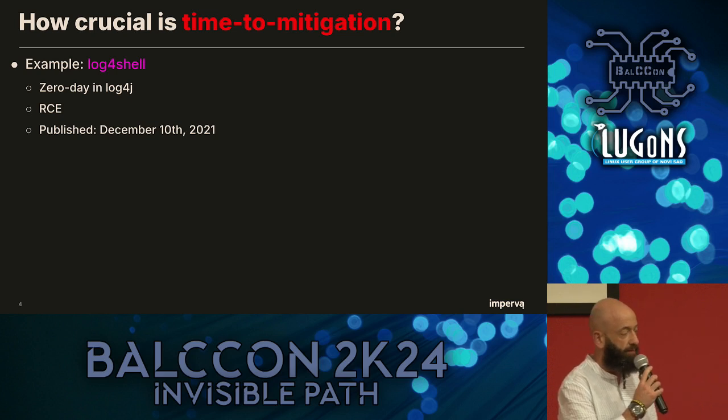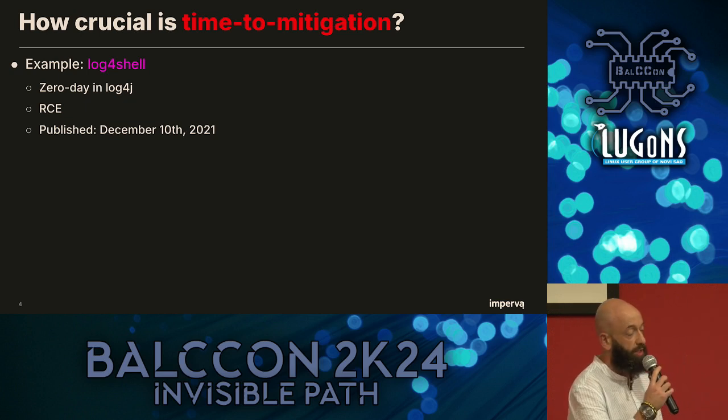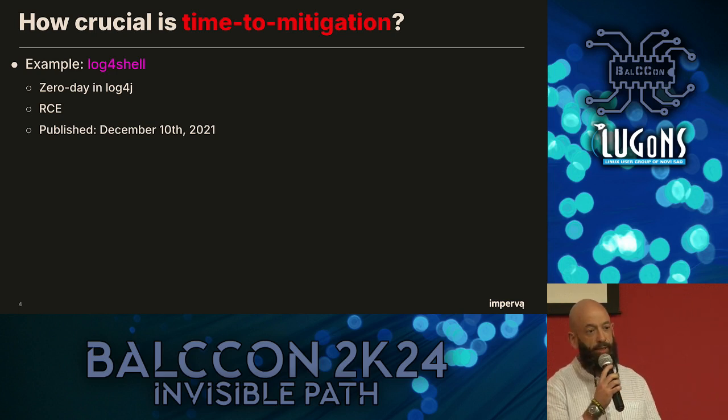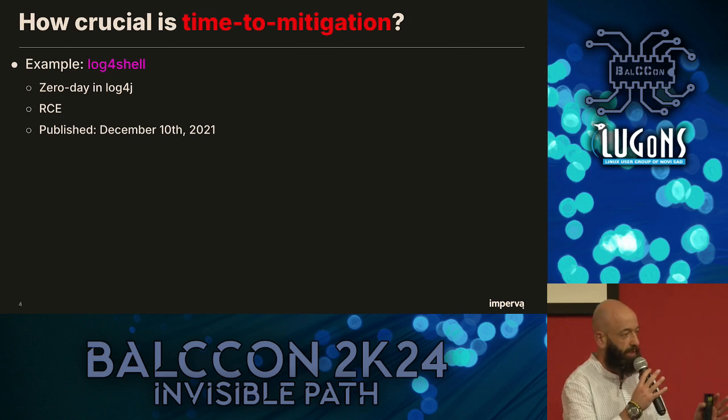This vulnerability is of type remote code execution, and it allowed an attacker to download code of his or her choice to the compromised machine and then execute it remotely. This was really a crazy vulnerability. And in our data at Imperva, we saw that around 12 hours after it was published, the number of attacks using this vulnerability was more than 200,000.